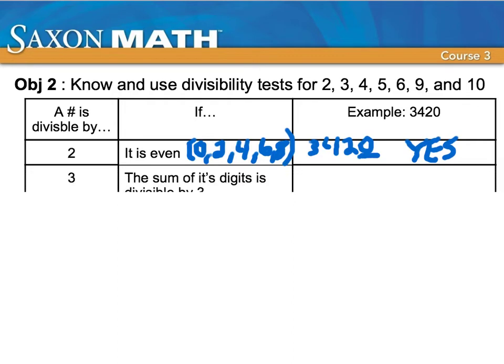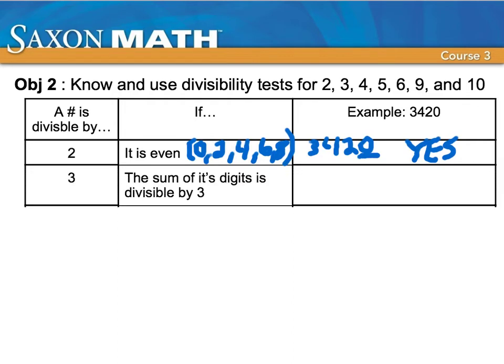Here's the rule for 3. The rule for 3 is if the sum of its digits is divisible by 3. Sum means to add, and digits mean all the numbers that are in the number. So we're going to add 3 and 4 and 2 and 0 together and see what we get. Well, 3 plus 4 is 7, plus 2 is 9, plus 0 is 9.